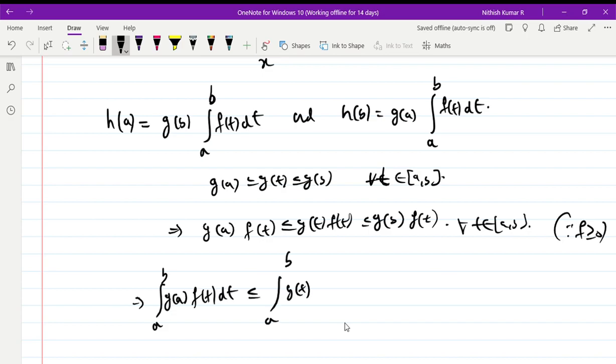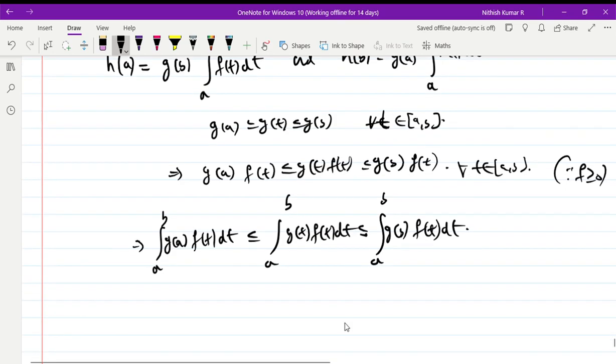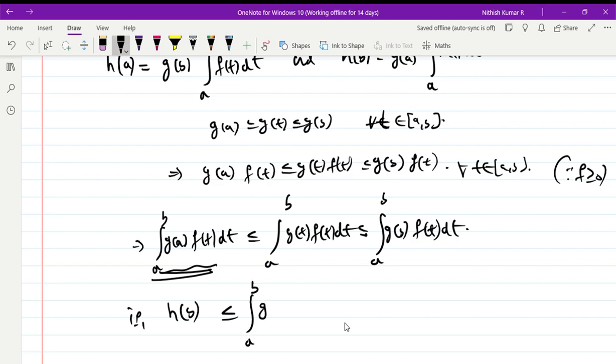Now taking integration, this implies the integral from a to b of g(a) f(t) dt is less than or equal to the integral from a to b of g(t) f(t) dt, which is less than or equal to the integral from a to b of g(b) f(t) dt.